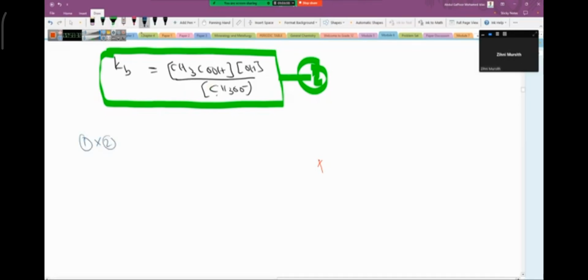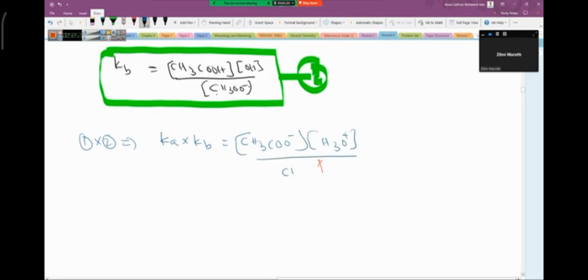Ka into Kb will be equal to CH3COO minus into H3O plus divided by CH3COOH, into, from the second equation, CH3COOH OH minus divided by CH3COO minus.